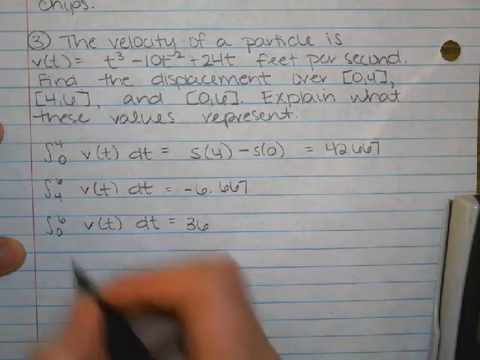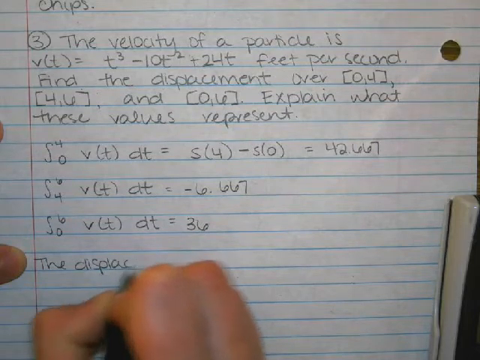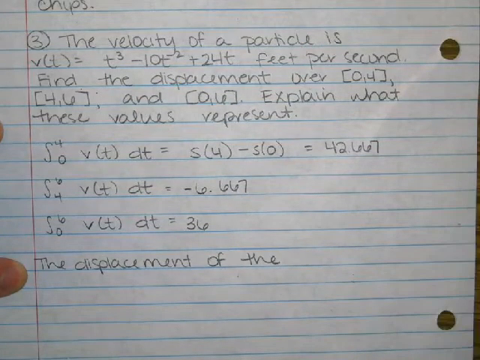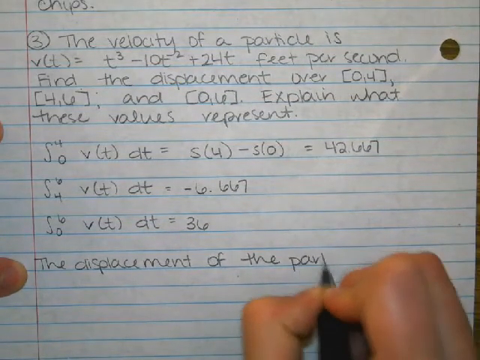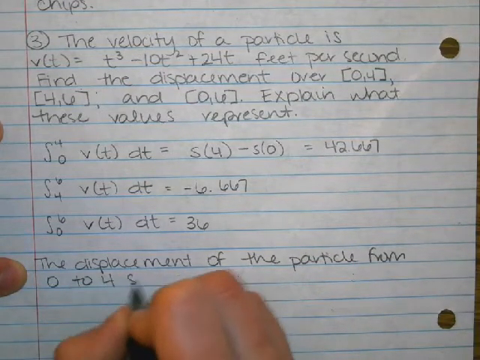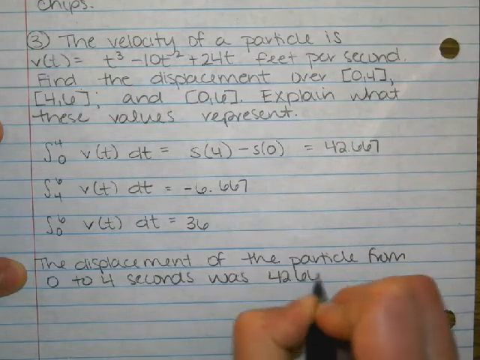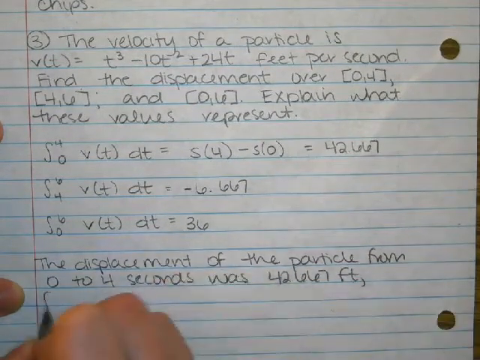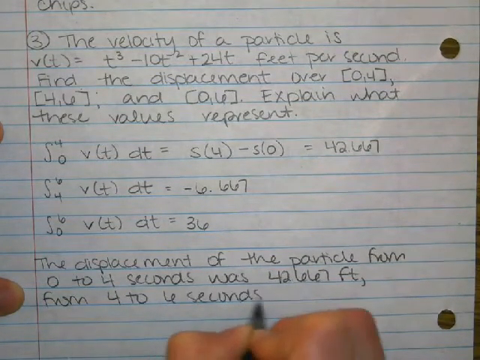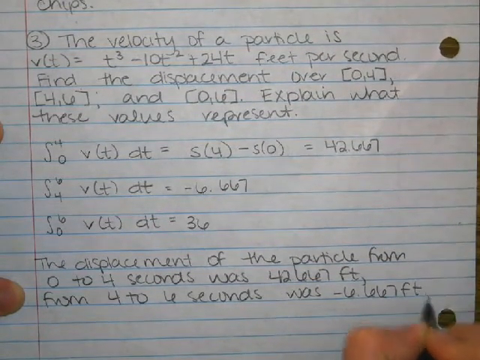So I'm going to say the displacement of the particle from 0 to 4 seconds was 42.667 feet. From 4 to 6 seconds was negative 6.667 feet. So that means it was moving in the negative direction.